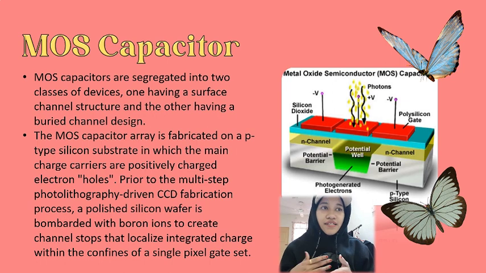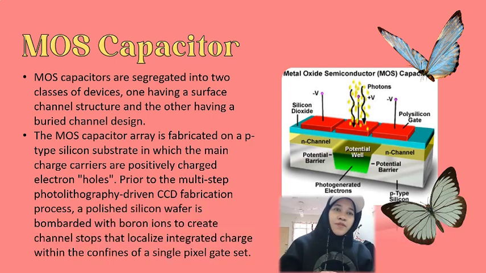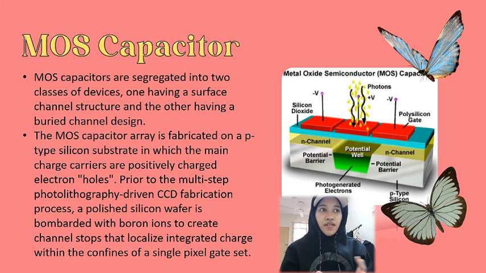It is the latter device that is used in the fabrication of modern CCDs due to several advantages of the buried channel architecture. So the MOS capacitor array is fabricated on a P-type silicon substrate, as shown in the figure, in which the main charge carriers are positively charged, which we call holes.